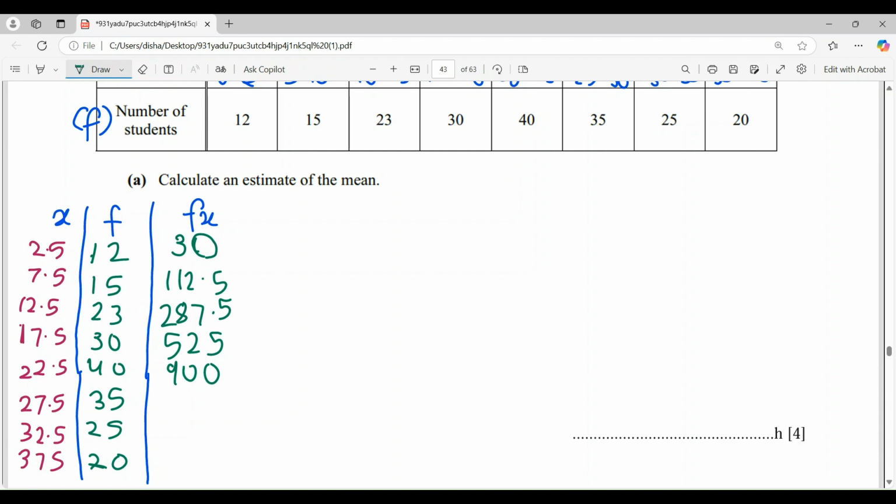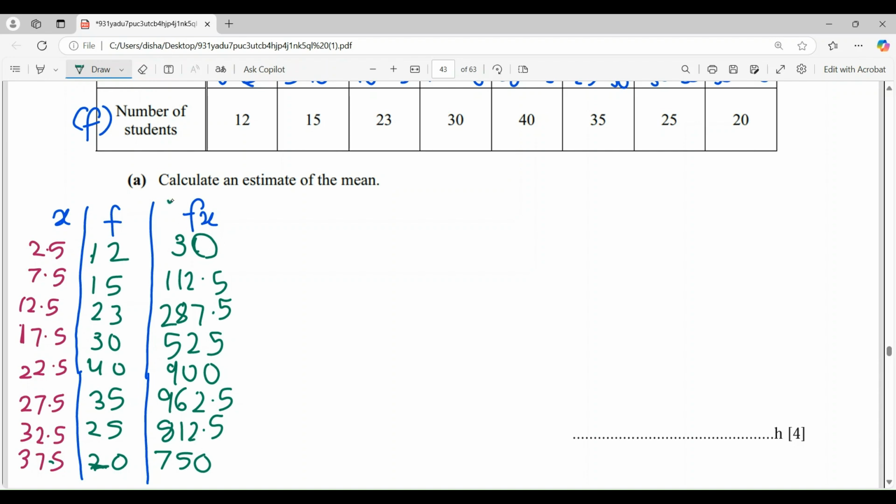Then 27.5 into 35, which is 962.5. Then 32.5 into 25, which is 812.5. And the last is 37.5 into 20, which is 750.